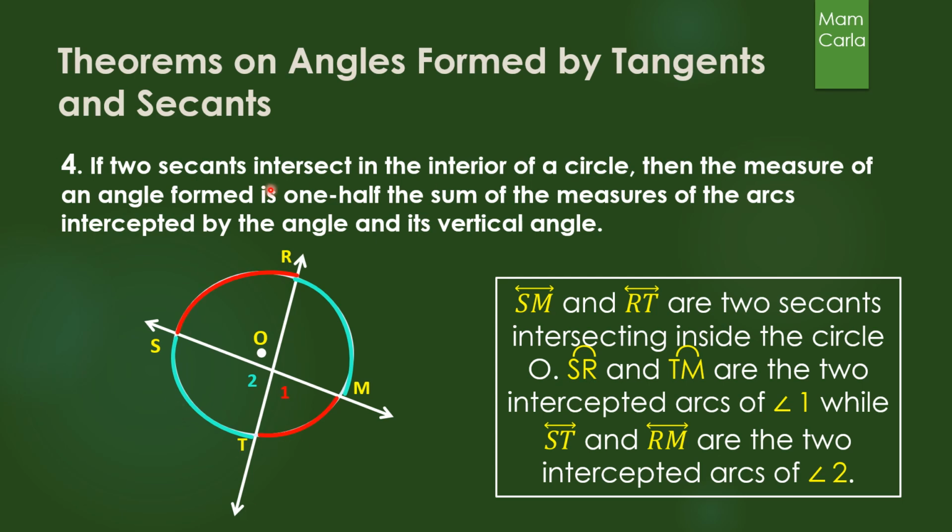So applying this theorem, for us to be able to get the measure of angle 1, we just need to get 1/2 the sum of the measures of arc SR and arc MT. Same is true in getting the measure of angle 2. We just need to add the measure of ST and the measure of RM times 1/2.